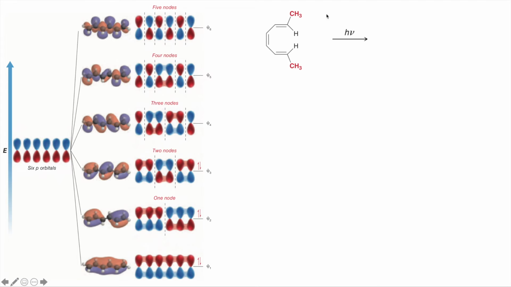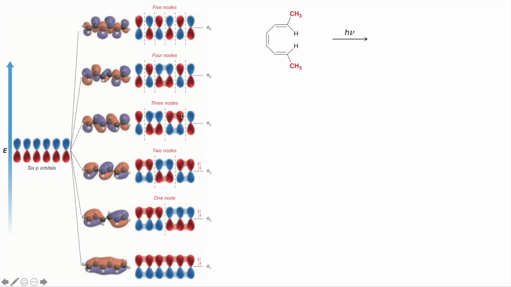Now, if you use light, a similar thing happens with a 3 conjugated pi bond system as happened with a 2 conjugated pi bond system. When the light hits the molecule, it gives its energy to one of these electrons. And now the electron starts moving in a more energetic way. The electron is moving as a wave, and the higher energy wave is going to be expressed as having more nodes.